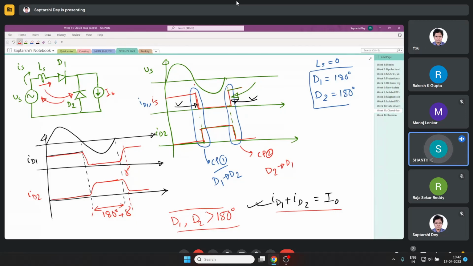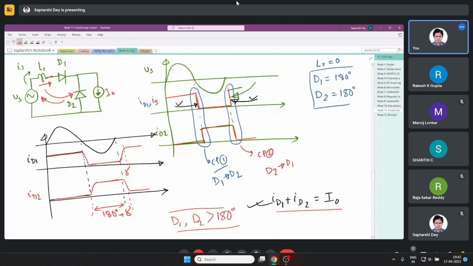So my question is, during positive half cycle, D1 conducts. You mean to say D1 is conducting? Will this current source not force D2 to conduct? During positive half cycle, no, the current source will not force D2 to conduct, because between D1 and D2, who will conduct depends on the potential.